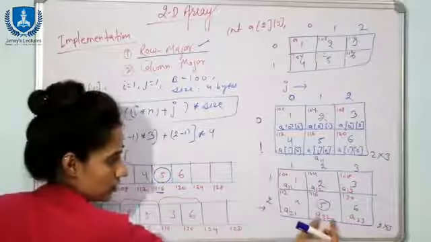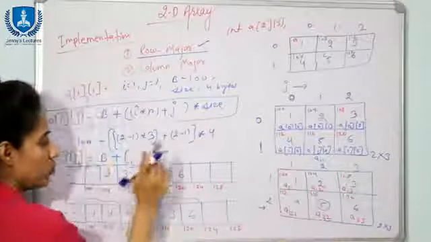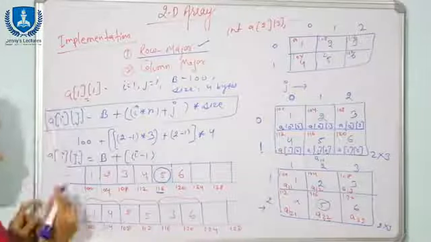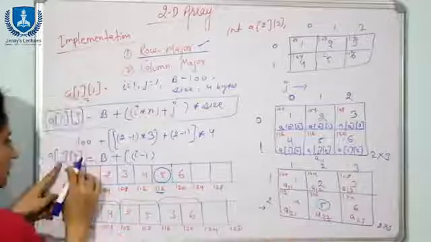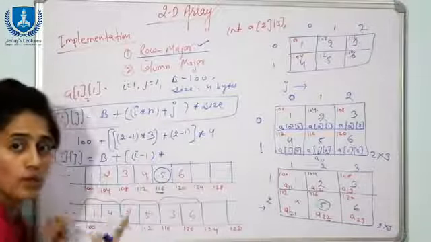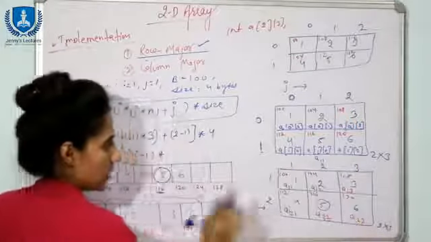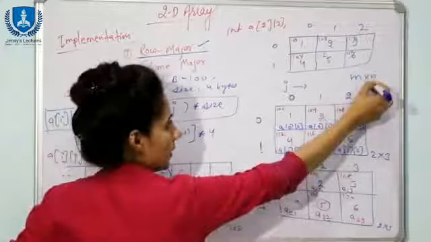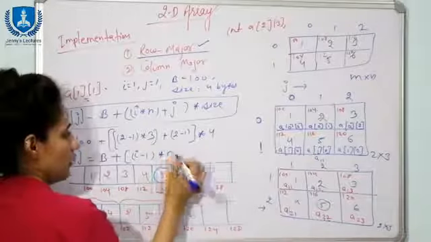If you want to reach A22, you will write 2 minus 1, that is I minus 1, because I am taking this subscript as I and this subscript as j here. I minus 1 into the number of columns, that is 3. Here 3 columns, so the number of columns is n, M into n, because I have taken an m into n matrix. M is the number of rows, n is the number of columns, into n.